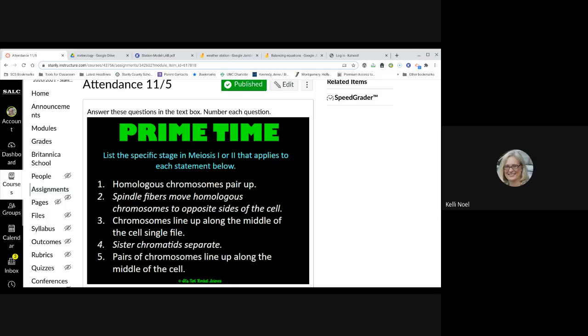And then pairs of chromosomes. I did that wrong. I did it backwards. Number 5 is actually metaphase 1 because it says they're lining up, right? See where it says line up? The pairing up is actually before metaphase. What is before metaphase?